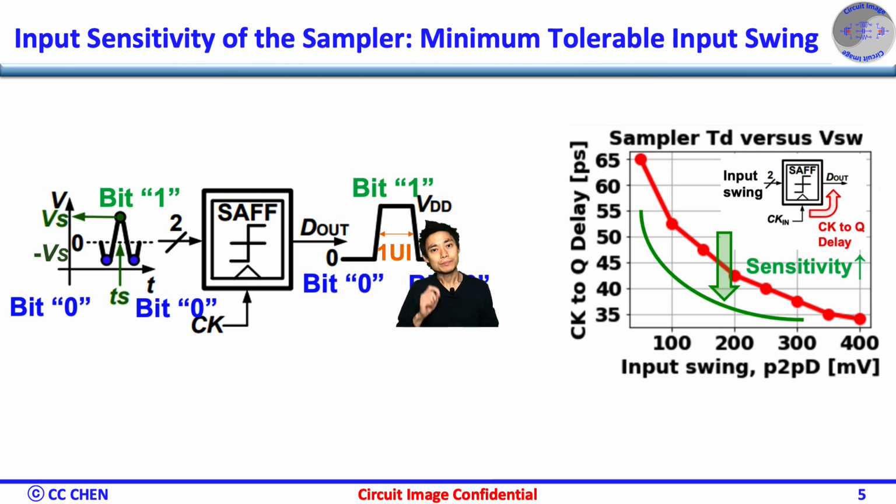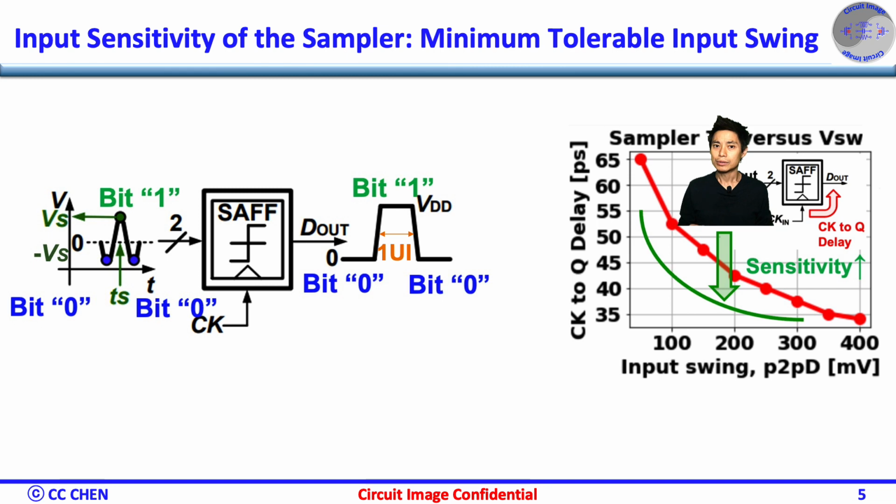This also explains why the input sensitivity depends on the speed, and we could define the input sensitivity of the sampler to be the minimal tolerable input swing. For example, the minimal tolerable input swing is 25, 50, and 100 millivolts for the data rates of 5, 10, and 20 gigabit per second respectively.